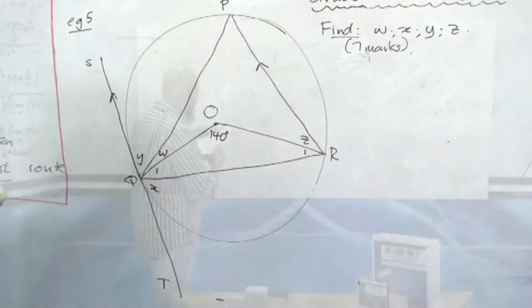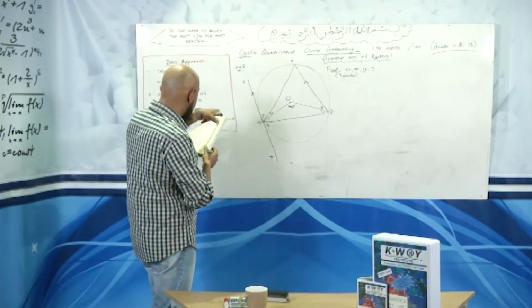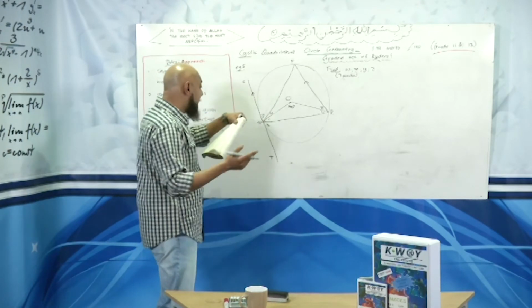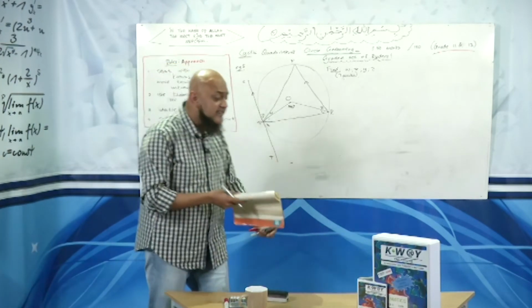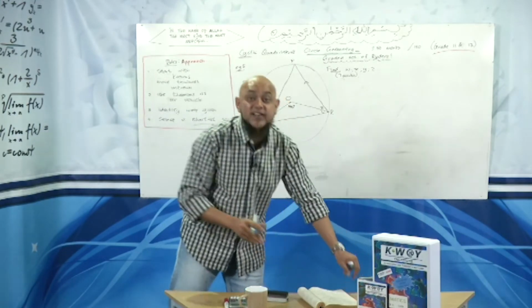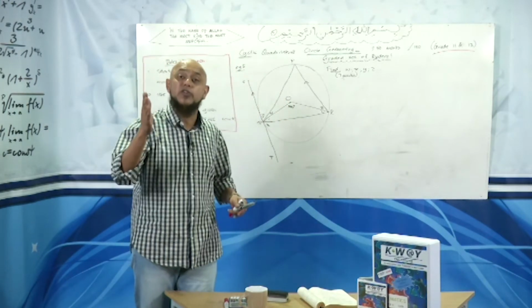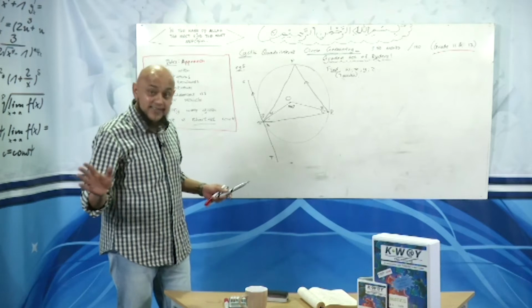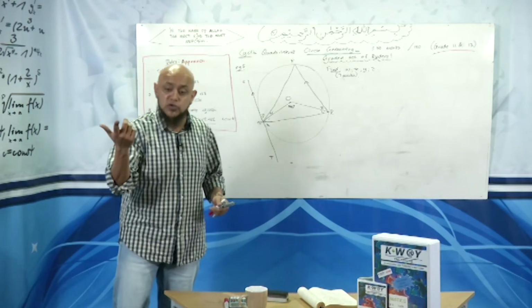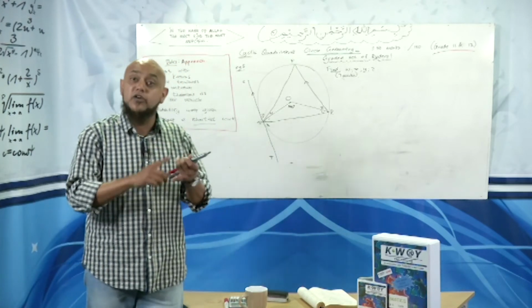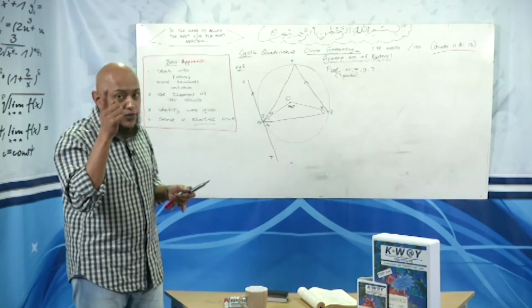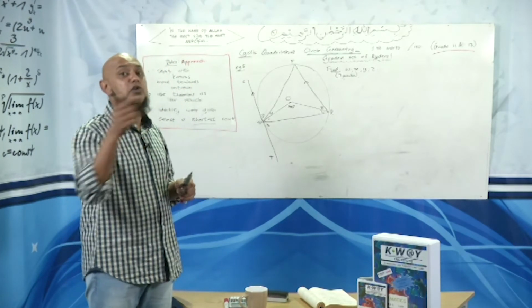Okay, hope you guys have taken this diagram down. There isn't anything else that is important. All they tell us is that ST is a tangent. Now the minute they tell you that it's a tangent, you know you're going to be using tan chord theorem. It's a given. What are your rules with regard to a tangent? Number 1, you've got tan chord theorem. Which other rule can you think of that utilizes the tangent?